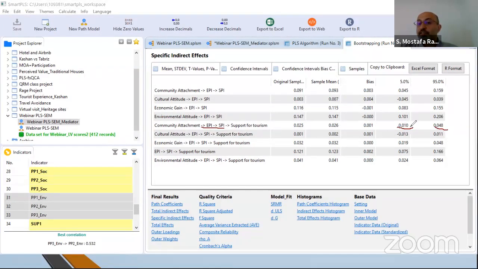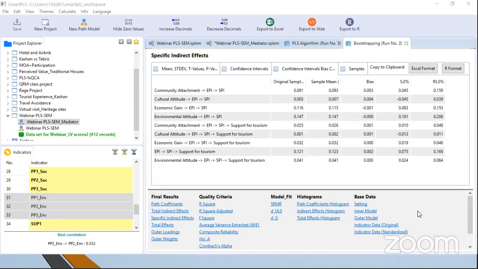For this indirect effect, lower level is 0.01, upper level is 0.048. So 0 is not included in this range. It's not between these 2 values. So based on bias corrected confidence interval, we can support this indirect effect. We can support this serial mediator, right? Is it clear?